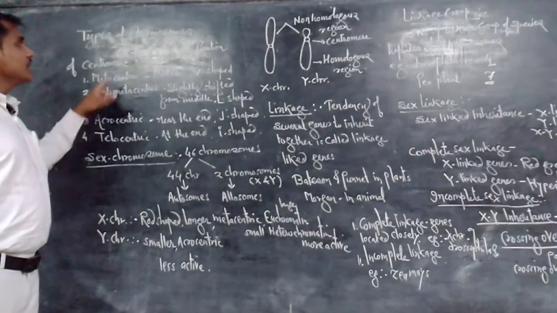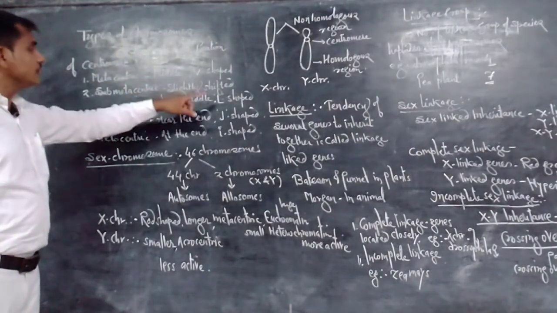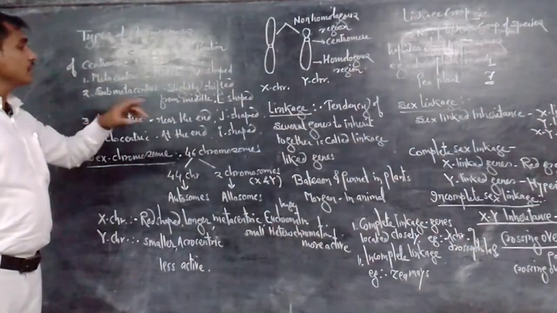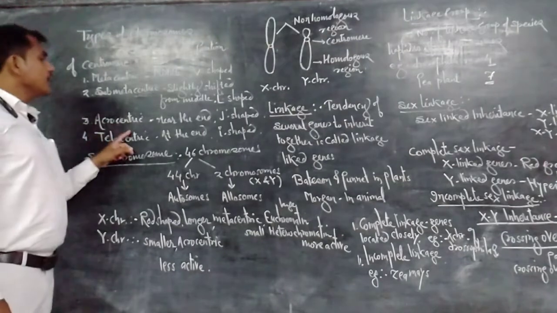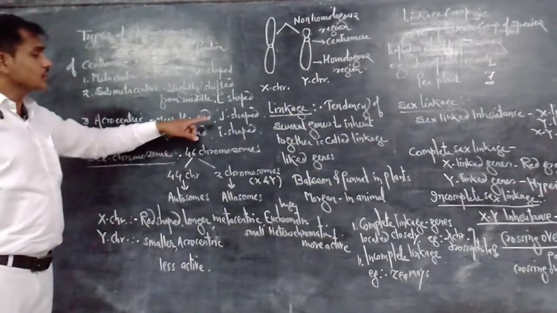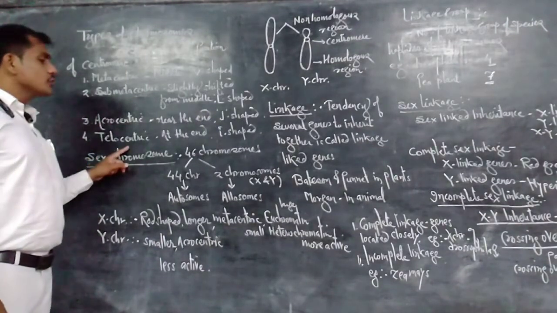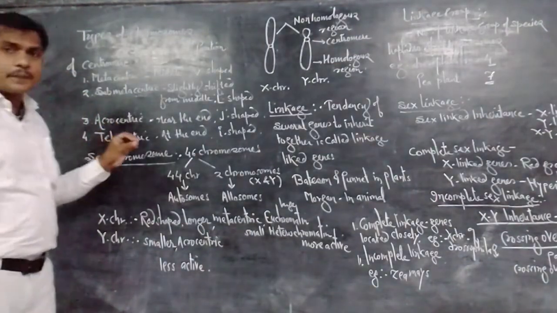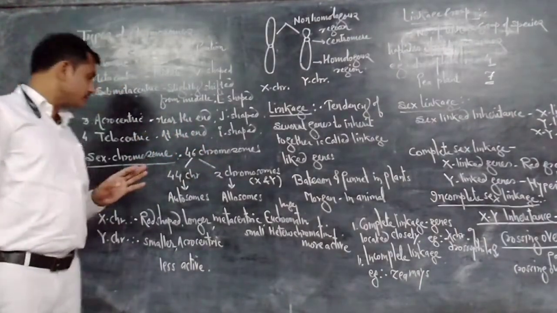Submetacentric: the centromere is slightly shifted from the middle, so it appears L-shaped at anaphase. Acrocentric: the centromere is near the end, so it appears J-shaped. Telocentric: the centromere is at the end, so it appears rod-shaped or I-shaped.